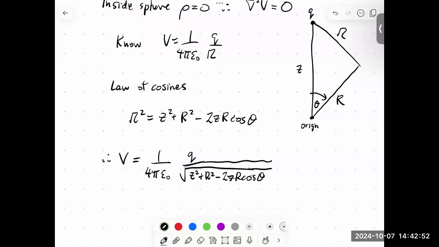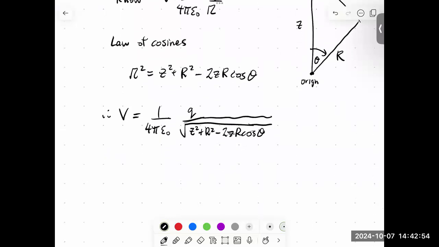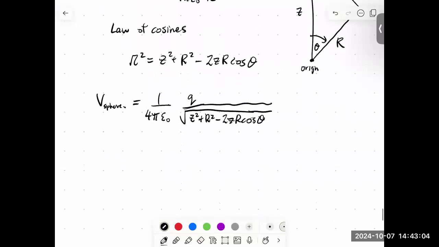All right. And what we're going to try to do is calculate the potential at the center of the sphere using this method where we divide by the surface area of the sphere.